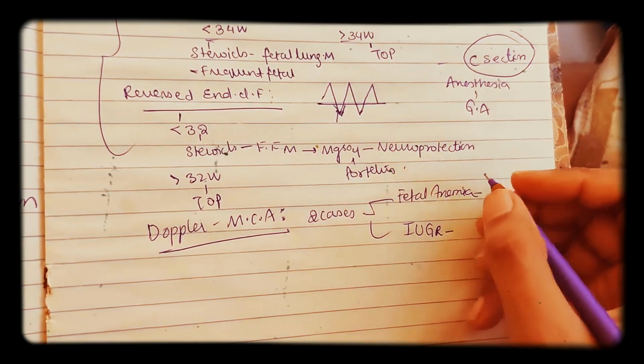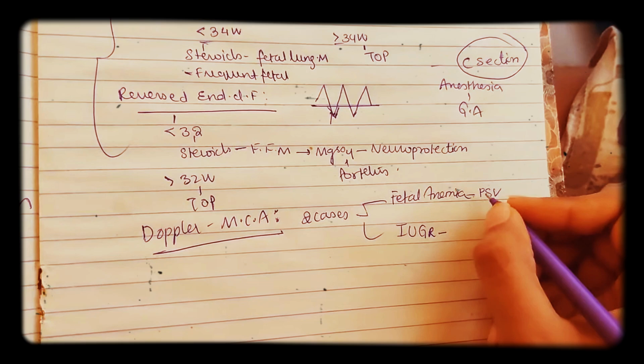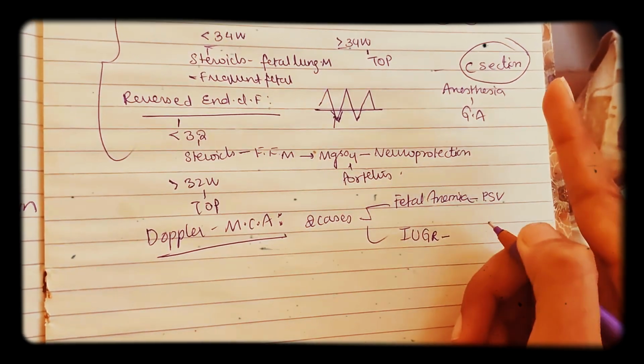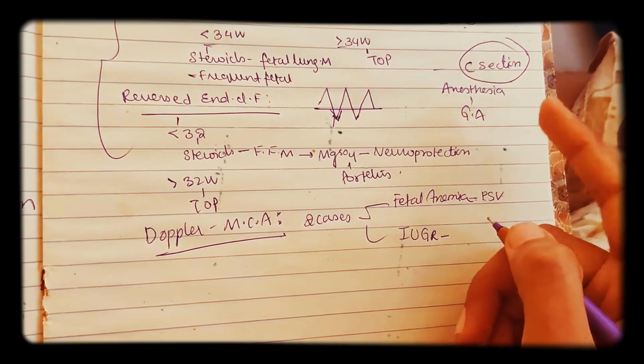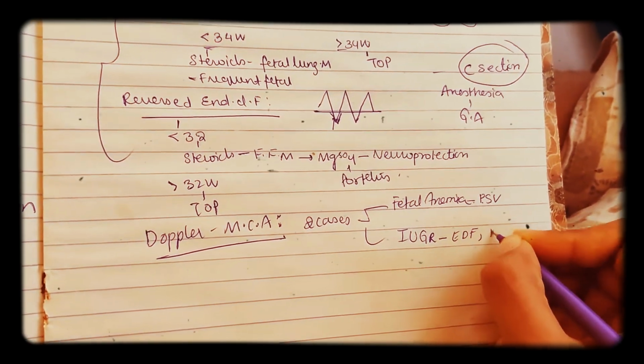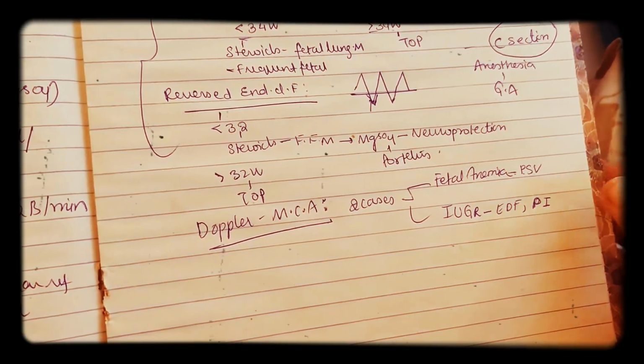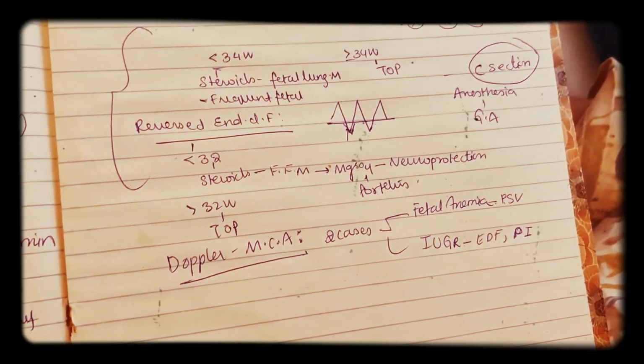In the fetal anemia, the parameter you see is PSV. So what is this PSV? That is peak systolic velocity. So in fetal anemia you will see peak systolic velocity. In IUGR you will see end diastolic flow and pulsatility index. So these are seen in the middle cerebral artery Doppler.